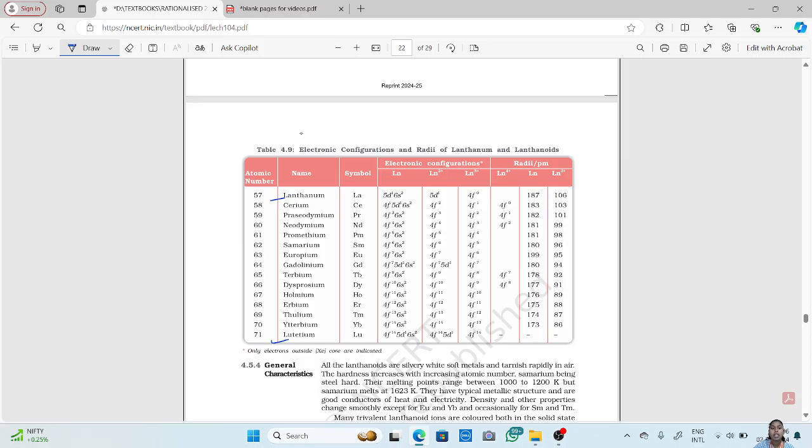These are the symbols, starting with La till Lu. Then the electronic configuration and the atomic and ionic radii: AR is the atomic radii and IR is the ionic radii.